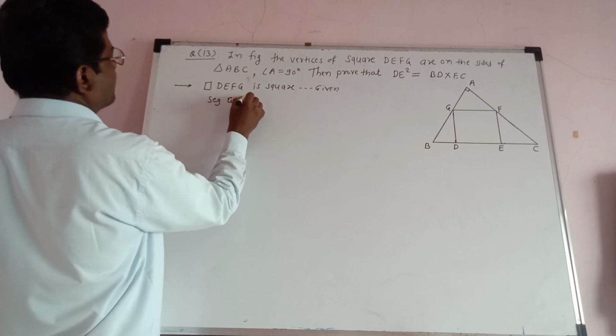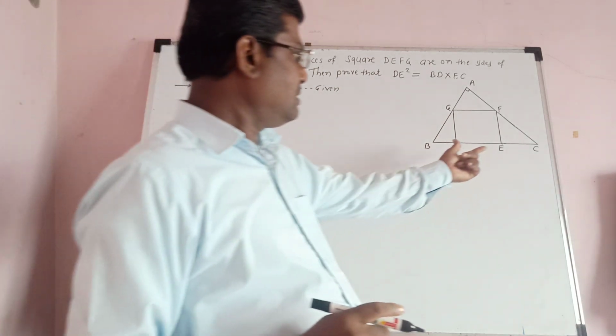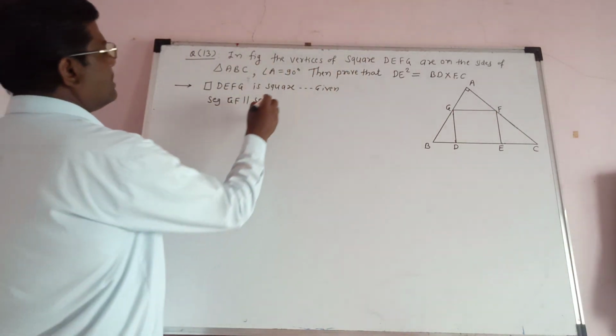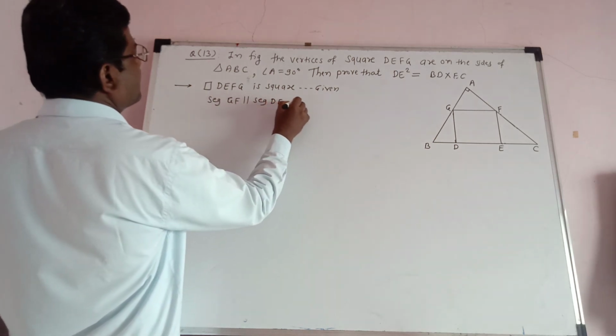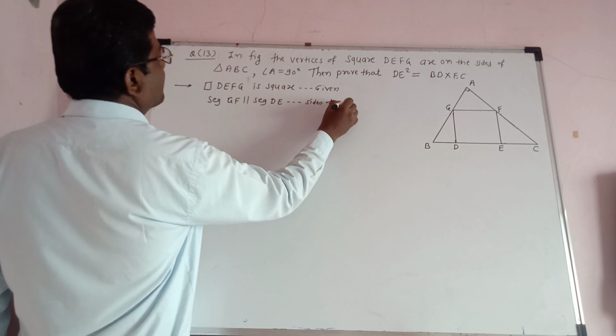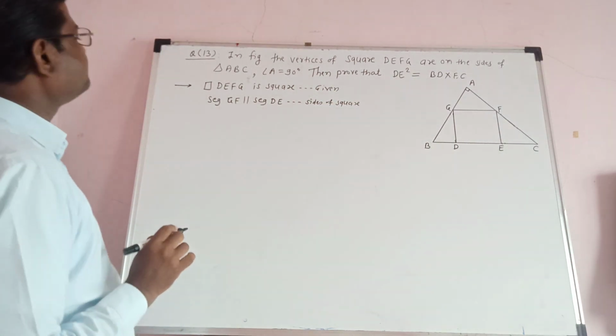Therefore, segment GF is parallel to segment DE. Sides of a square are always parallel.